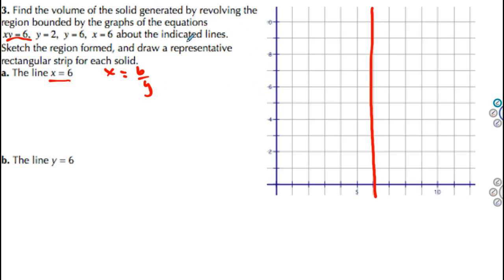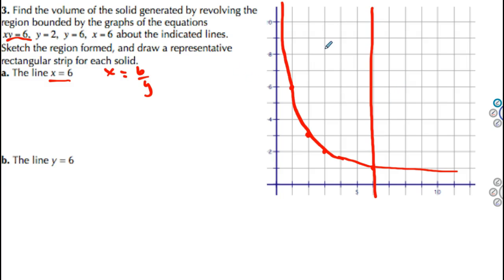As I go to draw in what that would look like, I have this, 6 over 2 is 3, 6 over 3 is 2, 6 over 6 is 1. It kind of comes in this way. So I'm just drawing in what I have.